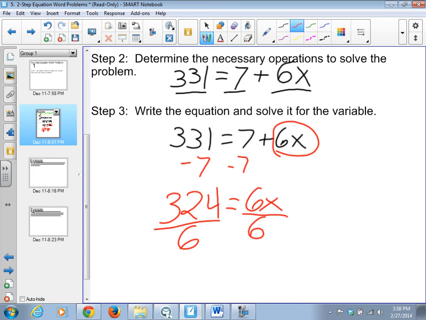And we are left with, I believe it should be 54 students per bus. And we can go ahead and check that. If we plug in 54 for x, 6 times 54 should give us 324. 324 plus 7, 331. So there we go. We have solved the mystery of how many students are on each bus.